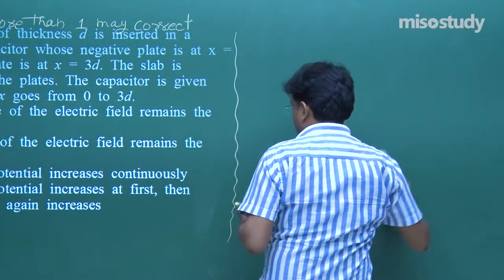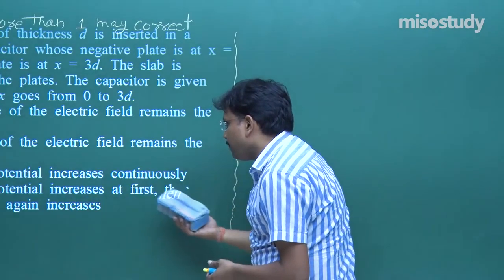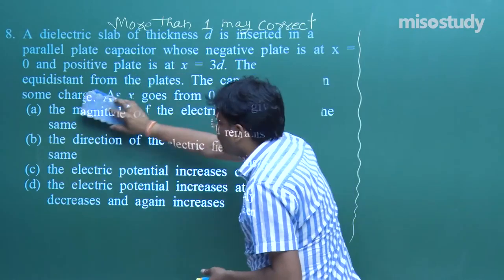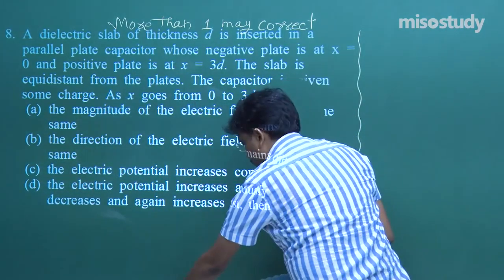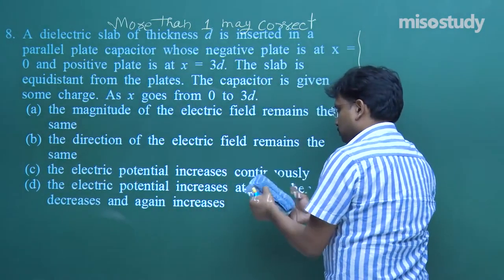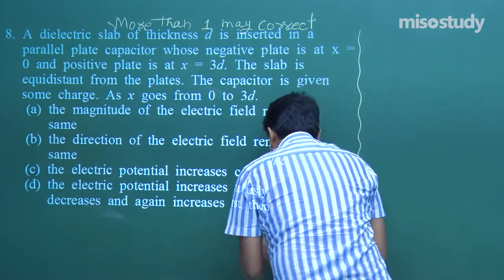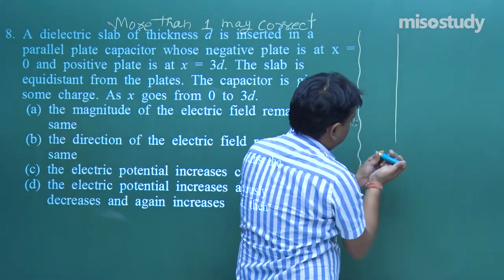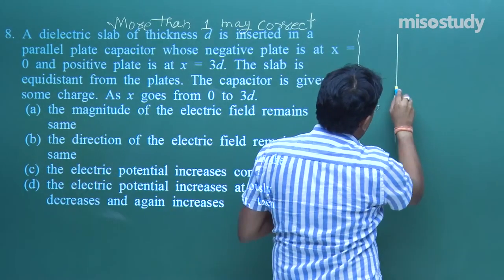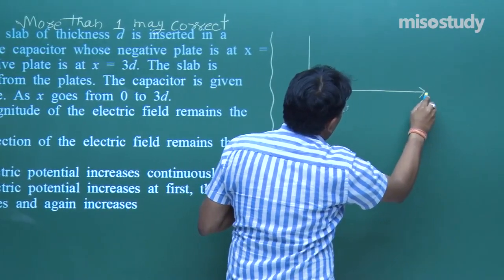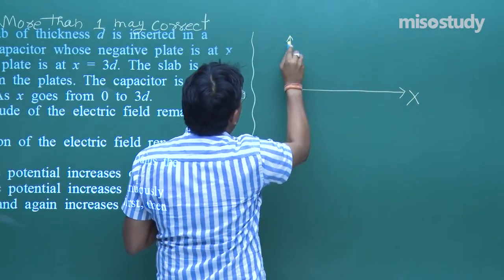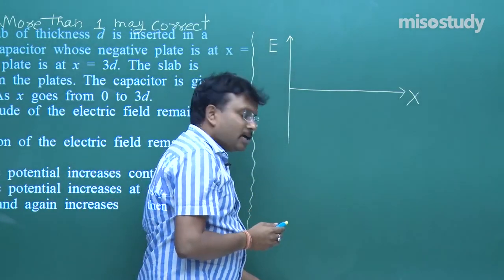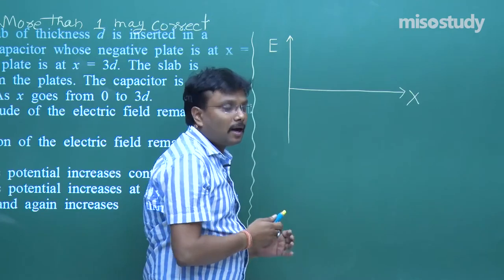Now let us talk about potential, because here we have to emphasize potential. In the first two lines we emphasized field, and now it is potential. So let us start the discussion. Let us plot a graph. And if a few points of this graph are not clear, it means to some extent you have to brush up your basics once again. Fine.